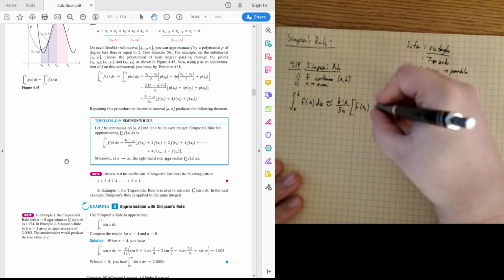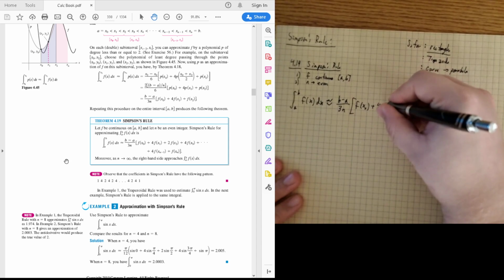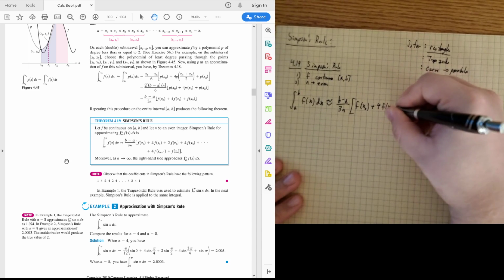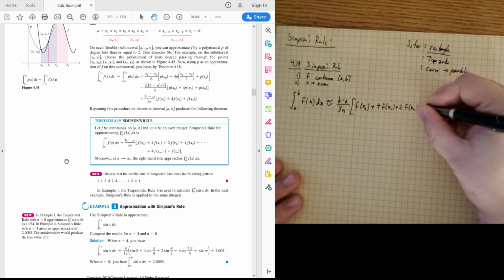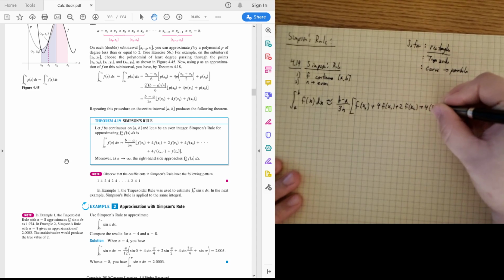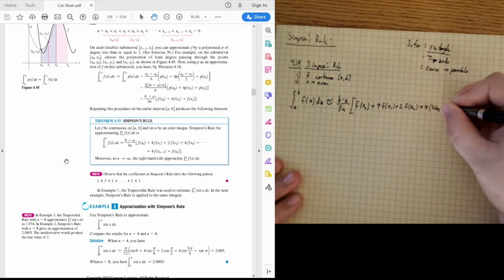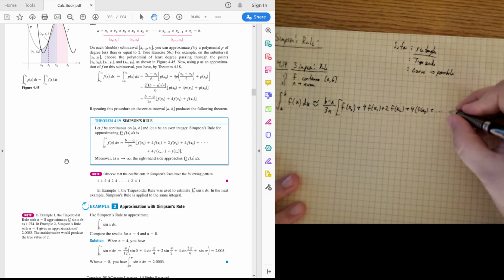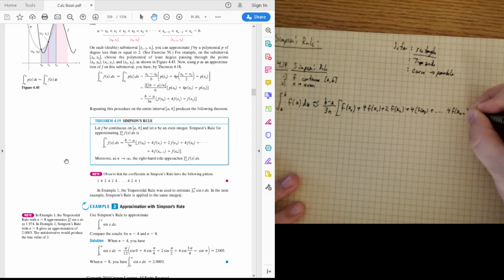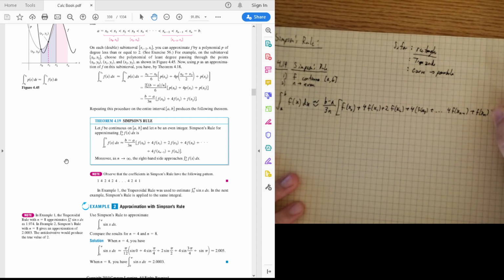This is our first x value, plus 4f of x sub 1, plus 2f of x sub 2, plus 4f of x sub 3, plus dot dot dot, so continuing, 4f of x sub n minus 1 plus f of x sub n.